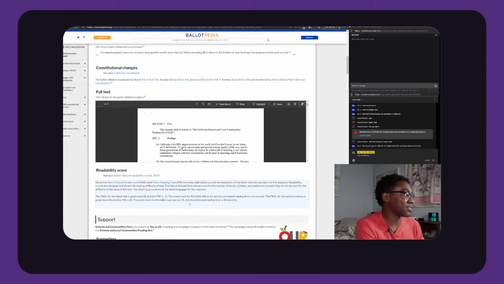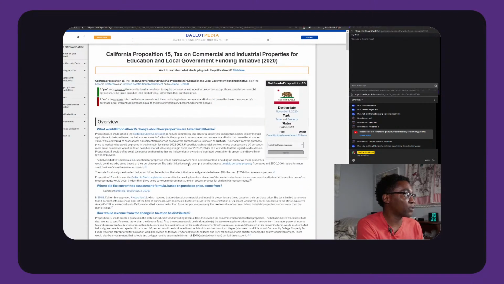Now, again, like I said, there are protections in here so that if you're on that line of a small, medium-sized business, you are a little bit cushioned from some of the damages you could do here. In California, the change from the purchase price to market value as to what is being assessed for tax purposes would be phased in beginning fiscal year 2022 to 23.